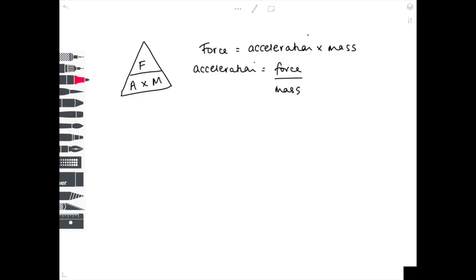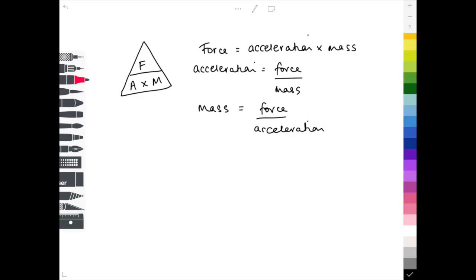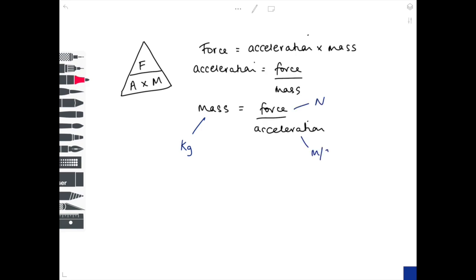And lastly, mass equals force divided by acceleration. Touching quickly on the units, mass should always be in kilograms, force is newtons, acceleration is meters per second squared, so make sure you have that sorted, and we'll look at a couple of examples now.